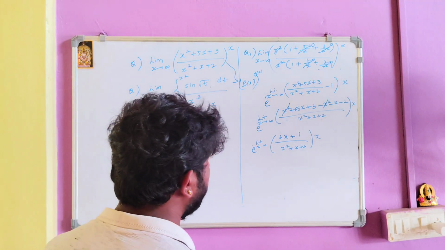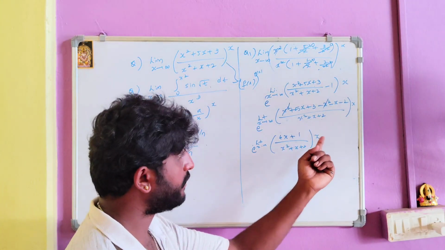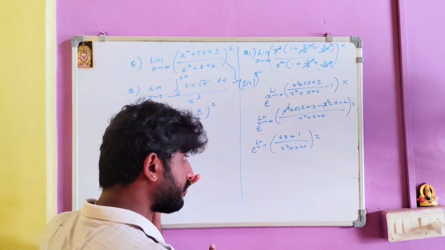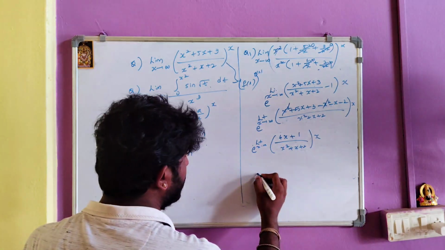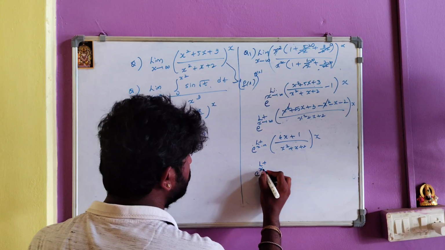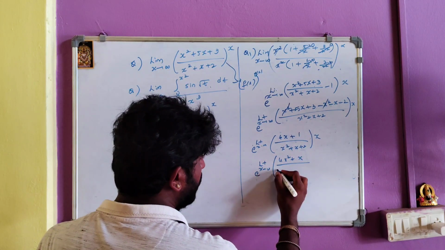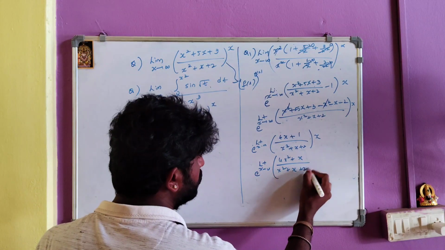We can multiply this x inside. What do we get? e raised to power of limit x tends to infinity, (4x square plus x) by (x square plus x plus 2).